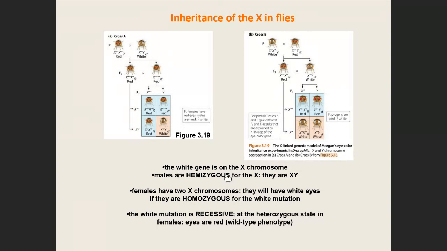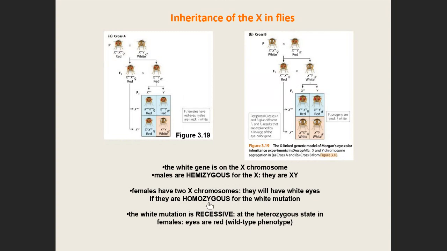Okay, so the white gene is on the X chromosome. The males are so-called hemizygous for the X. That is, they only have one copy of that chromosome. This is a technical term: it's not homozygous, it's not heterozygous, it's hemizygous because there's only one, the other chromosome being the Y in males.